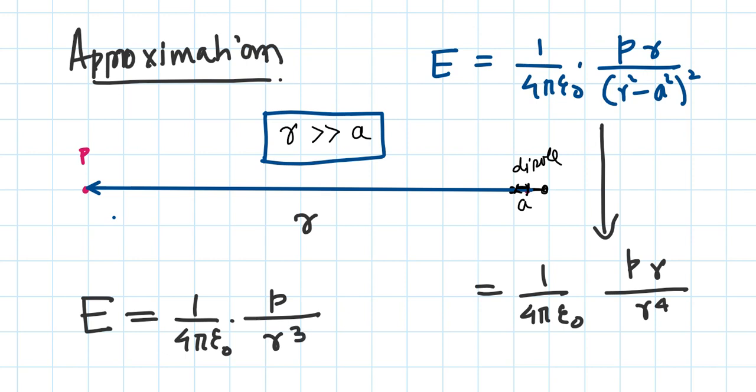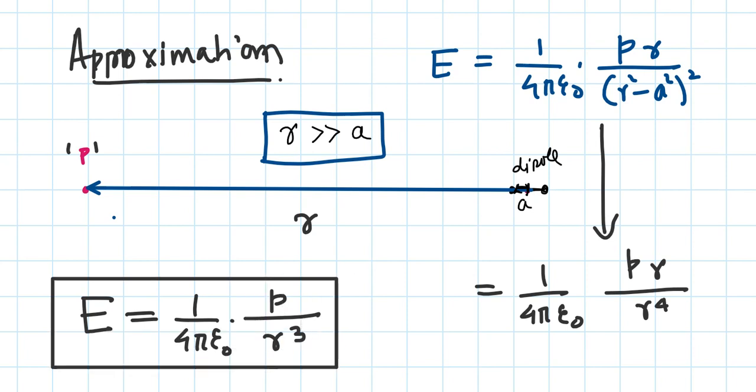So if the point P is very far away from your dipole, which in most cases is true because the molecules you consider are very small, this expression becomes very valid.